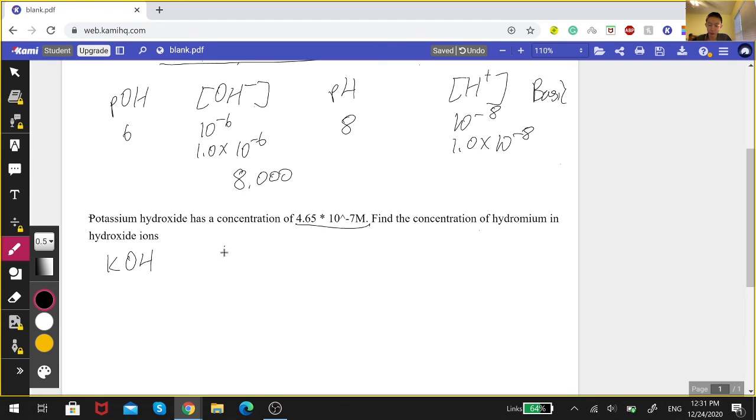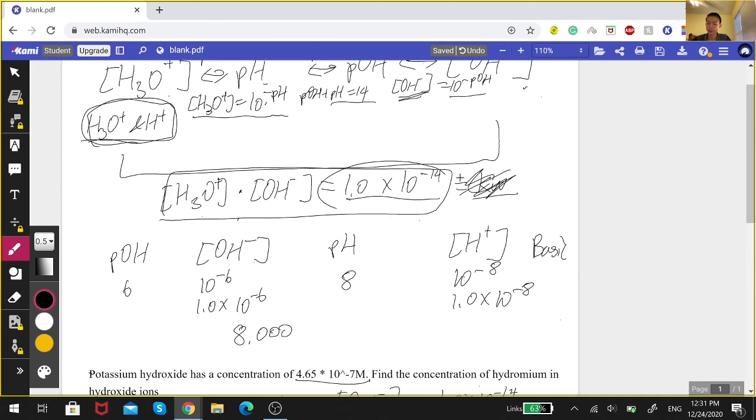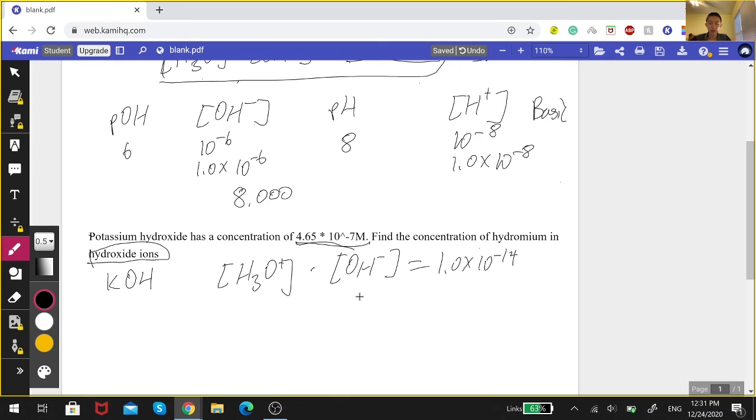So we have our concentration of H3O plus times our concentration of OH minus, resulting in 1.0 times 10 to the negative 14th. We're given that KOH has a concentration of this, so this will be here, 4.65 times 10 to the negative 7th power. And now all we have to do to get this is divide this number by this number, right?